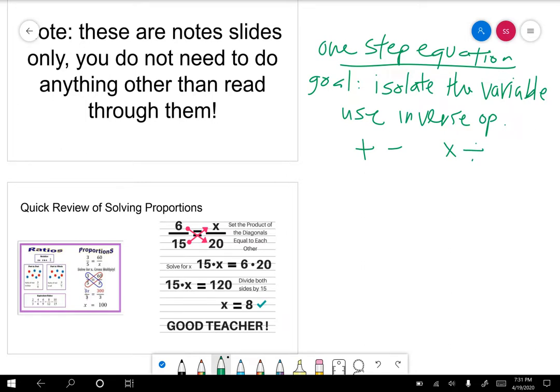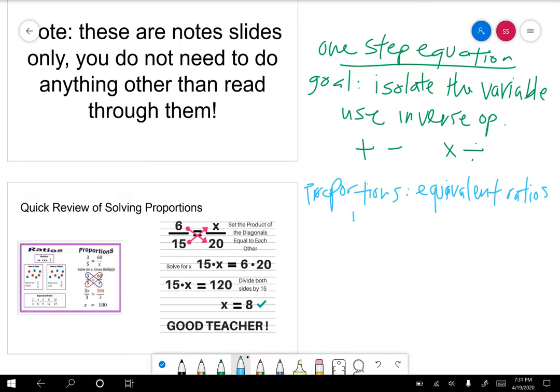So let's go over an example problem. Actually, really quick, let me just go over what proportions are. Proportions. Basically, they're equivalent ratios that you set equal to each other.